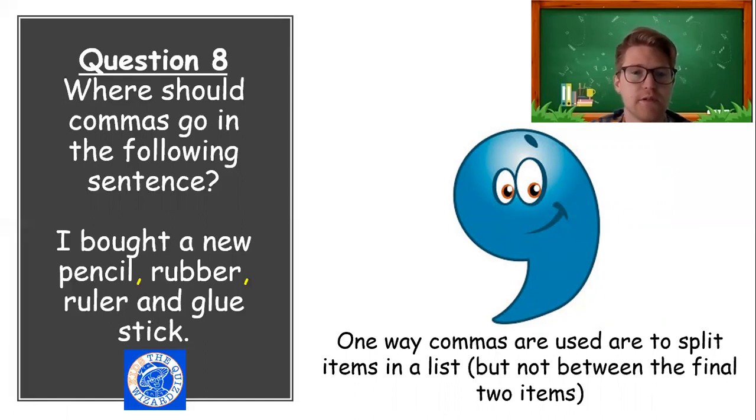So we only need commas between I bought a new pencil, comma, rubber, comma, ruler, and then we don't have one between the final 2 items, so and glue stick. So you only needed 2 commas in there. Perhaps you could write your own sentence of things that you have in your cupboards or in your fridge and try and use commas to split them.